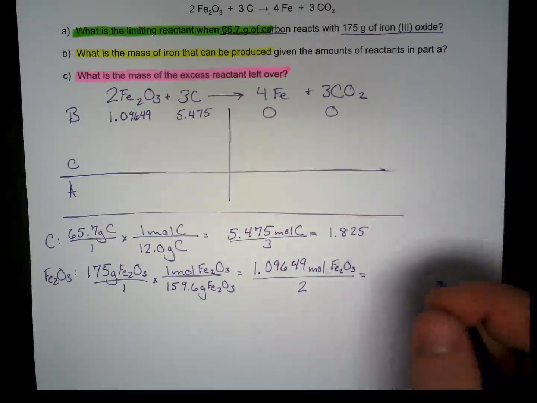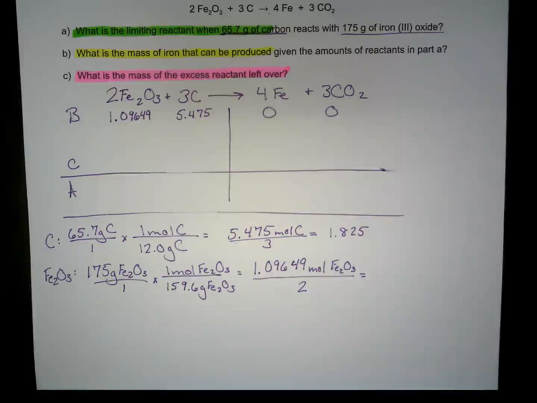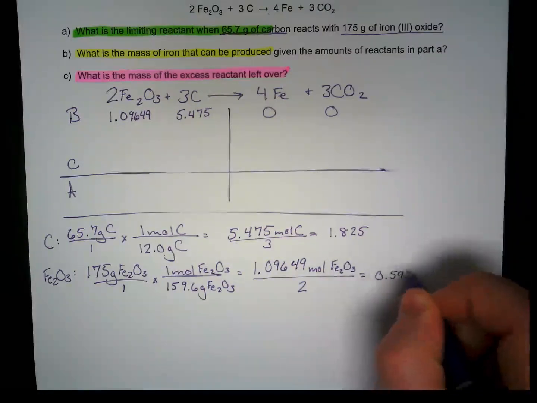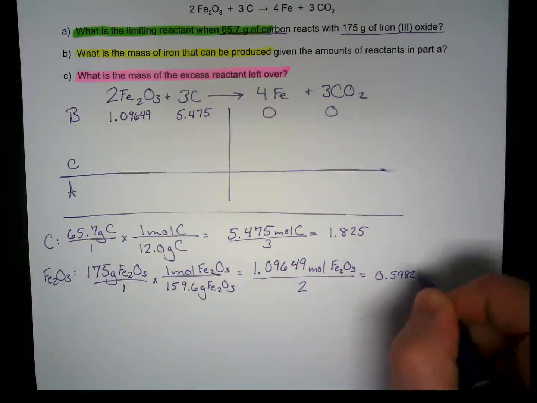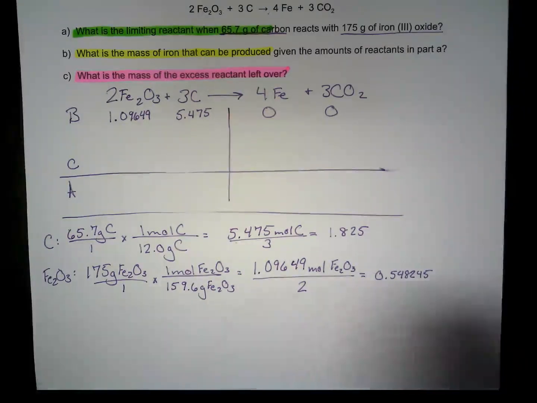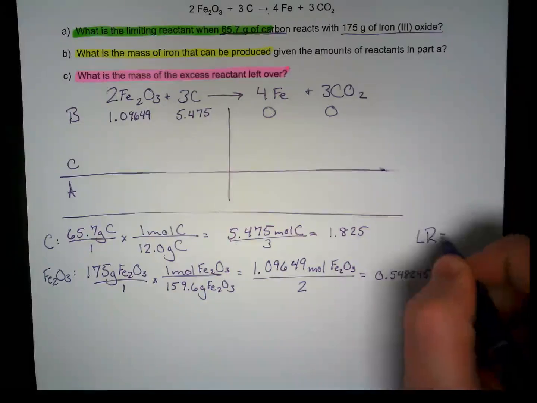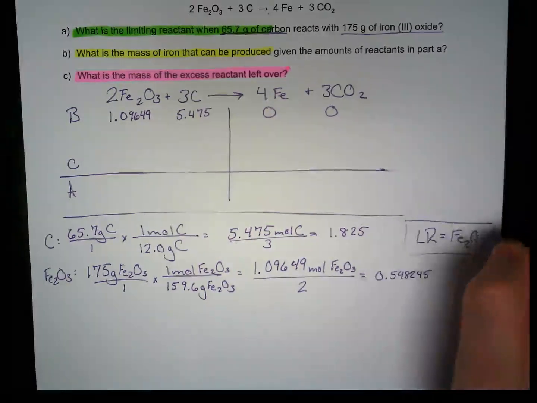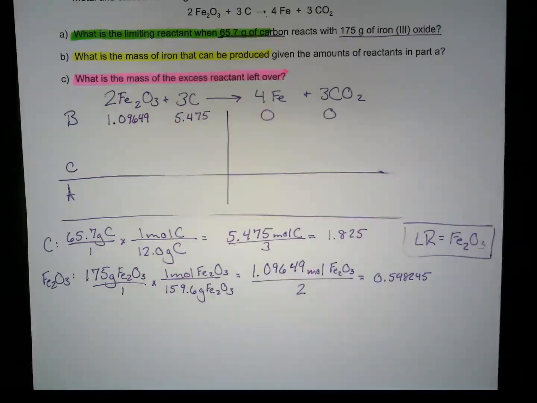For the iron oxide, 1.09649 divided by 2, we should get about 0.548245. So clearly our limiting reactant here is going to be the iron oxide. Our iron oxide is going to be the first one to run out.